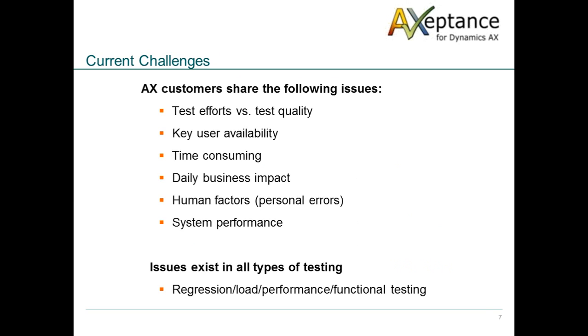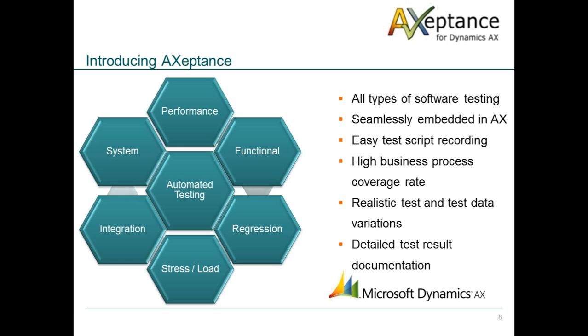You're also going to reduce the amount of human errors that are going to occur through automation of your testing process. We talked a little bit about system performance, but you'll see that in today's demo in one of the examples that we show. And as I said before, testing from regression to functional tests and everything in between is afforded by the capability and the different functions that you can turn on and off to do performance and load testing.